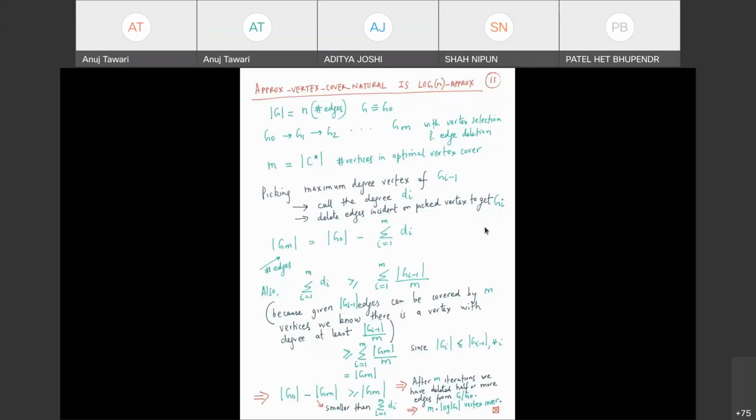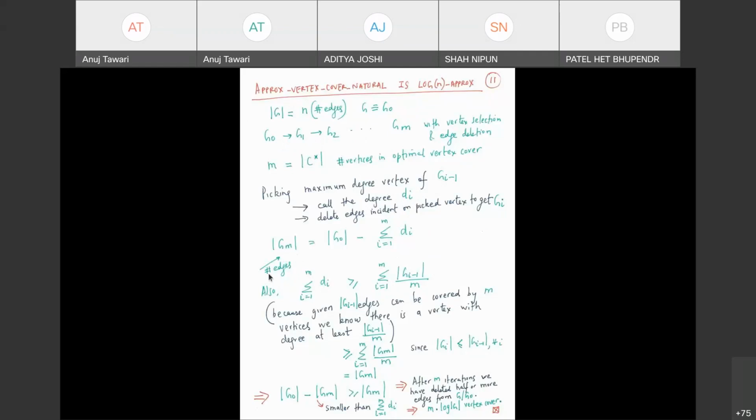So in each phase, how many edges are we deleting? It's the maximum degree of this vertex, so Di. In one step we are deleting Di many edges. And so totally, what is Di? It's the maximum degree of G naught.